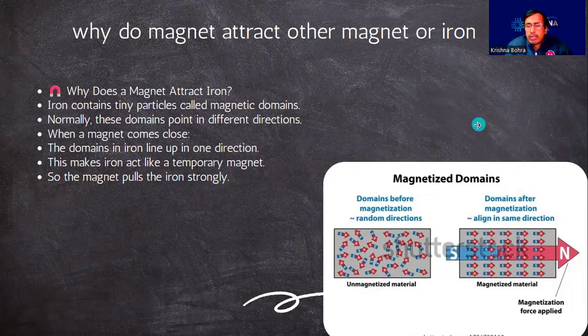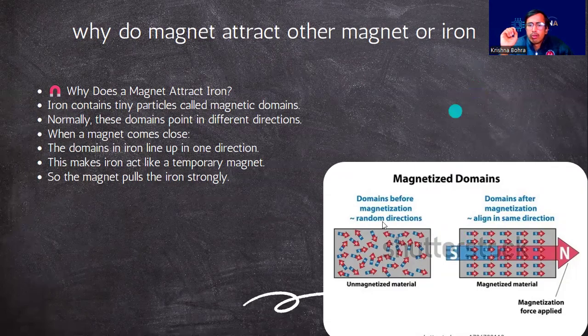Due to the continuous rotation and spin of electrons, they possess what we call a magnetic domain. A magnetic domain is basically a tiny magnet inside any material. When these tiny magnets combine together, their power adds up, so they become a powerful magnet.